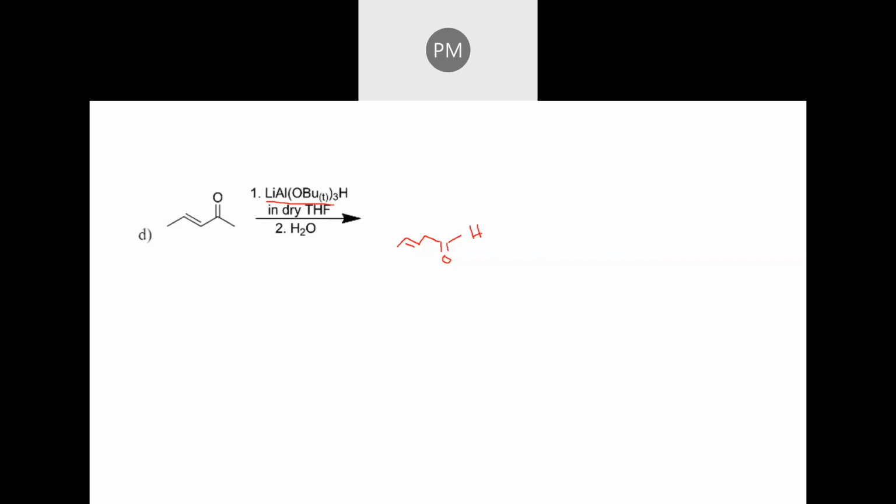If the reducing agent given here is LiAlH4, then the product will be this, and all centers are reduced.